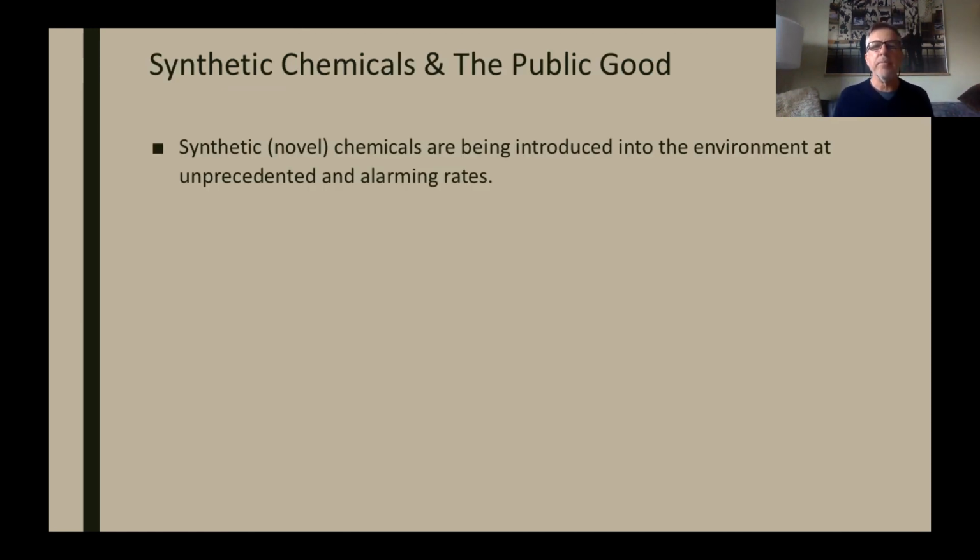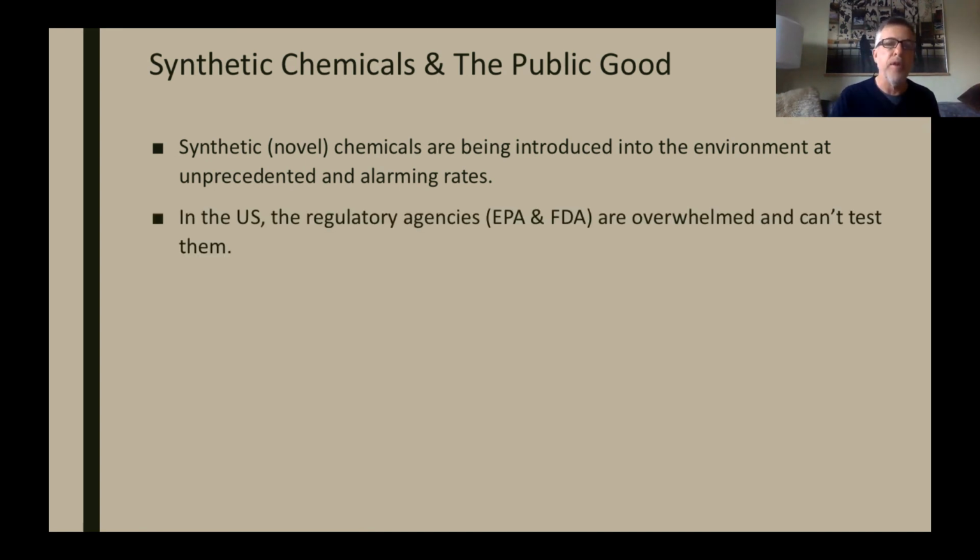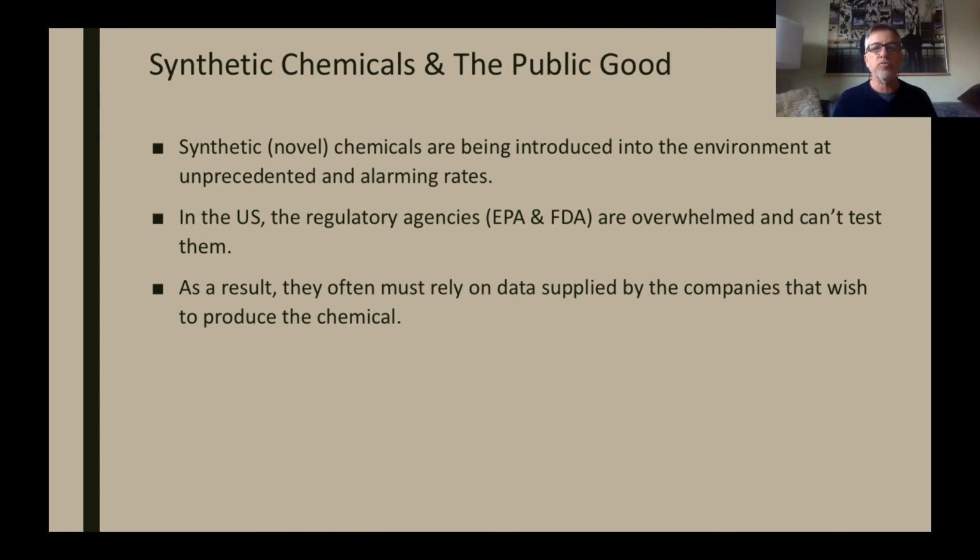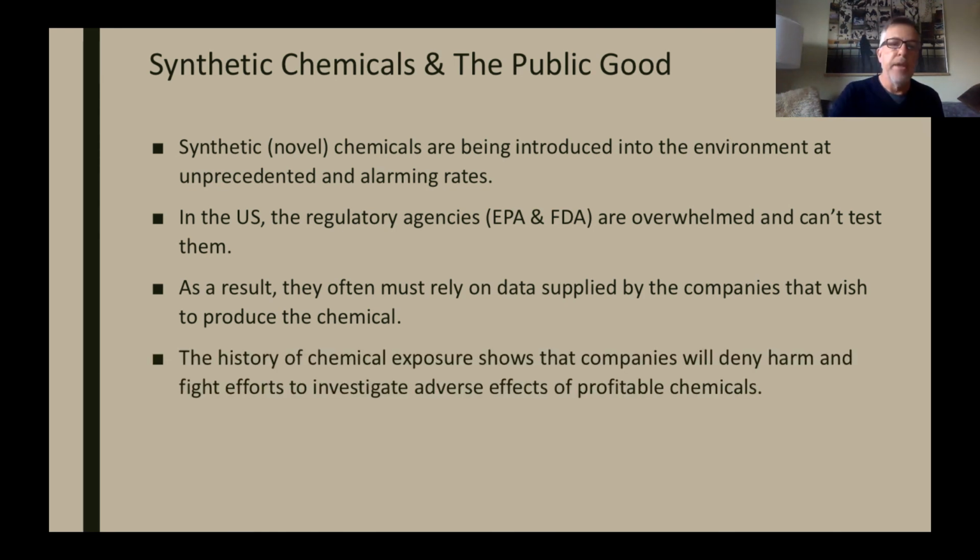So these novel chemicals are being introduced into the environment at unprecedented and, I think, alarming rates. In the US, the regulatory agencies, the EPA and the FDA, are overwhelmed and can't test them. And so as a result, they must rely on data supplied by the companies that wish to produce the chemical. Now, the history of chemical exposure shows that chemical companies will deny harm and fight efforts to investigate adverse effects of profitable chemicals.